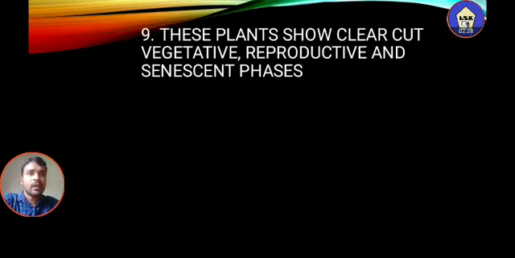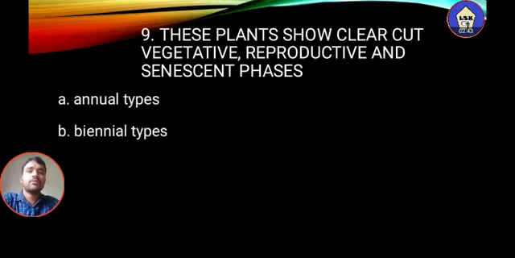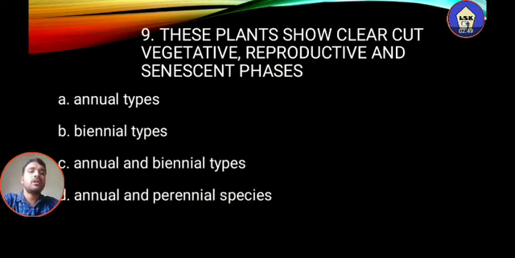Question number 9. These plants show clear-cut vegetative, reproductive and senescent phases. The 3 phases of life are clearly observed in option A, annual types, option B, biennial types, option C, annual and biennial types, option D, annual and perennial species.